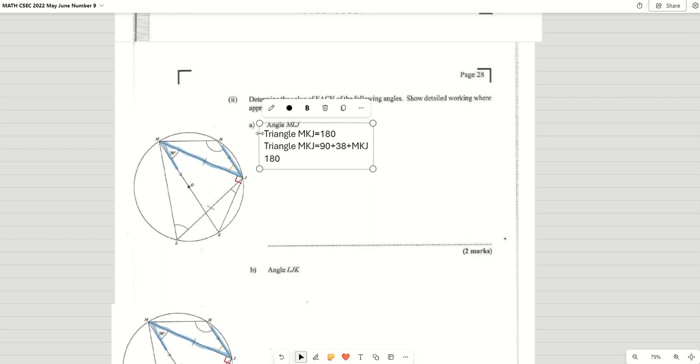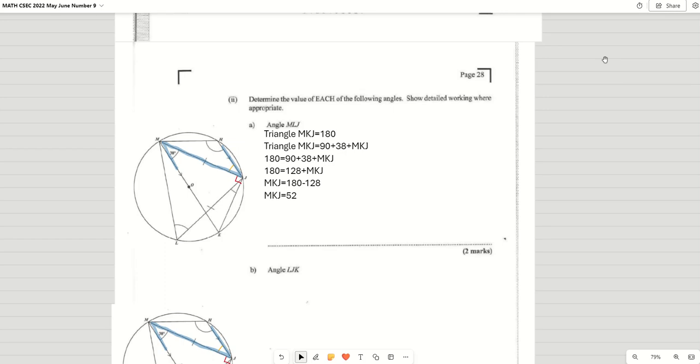So 180 is equal to 90 plus 38, which is 128, plus MKJ, sorry. So therefore angle MKJ is equal to 180 minus 128. So MKJ is equal to 52.